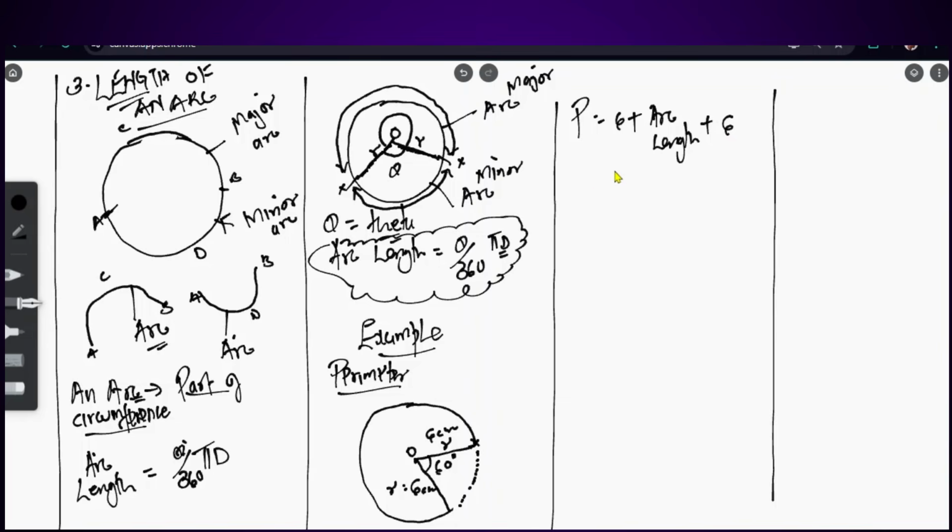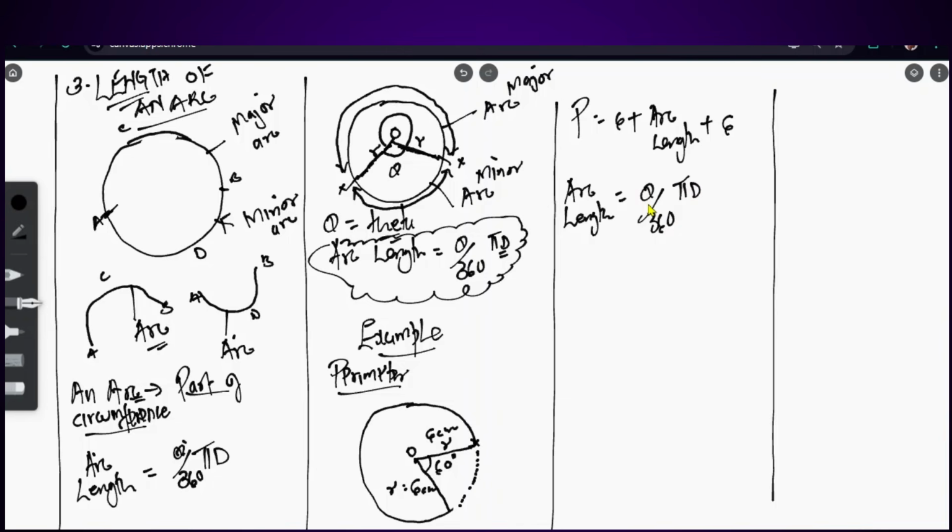All right. Now I know the formula for getting arc length. The length of an arc is given by angle over 360, then I multiply by pi d.